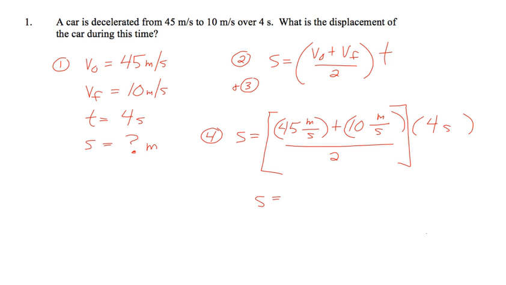The right answer and a number of people got 200 meters as their answer. And I think that's probably because they did the stuff in the wrong order of operations. So if I'm doing this problem, what you should do is first go 45 plus 10 and make sure you hit equals. You have to hit equals after you go 45 plus 10. That would give me 55 in my calculator. Divided by 2 times 4 will give you the correct answer.